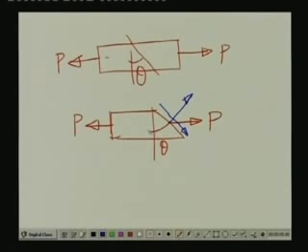Now, this angle being theta, if we drop a perpendicular here, this angle also is theta, hence this particular angle also is theta. So, the force component along this is P cos theta, and the force component along this is P sin theta.